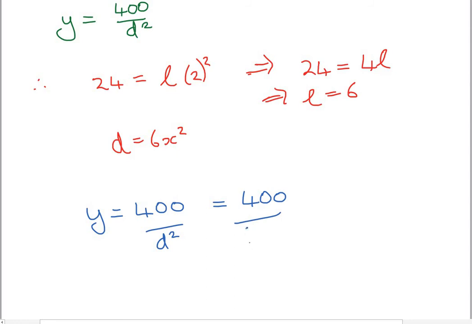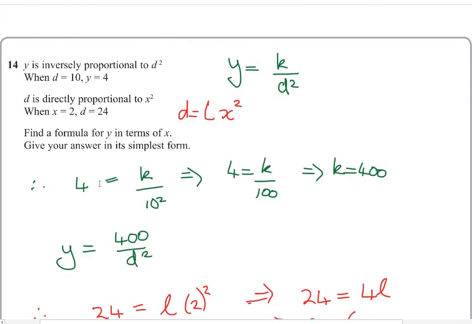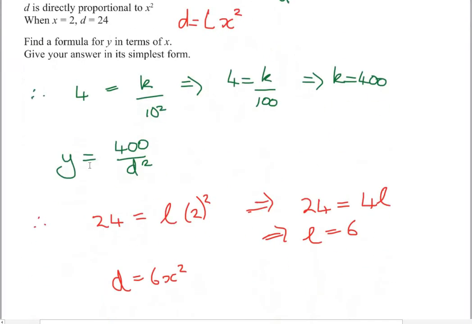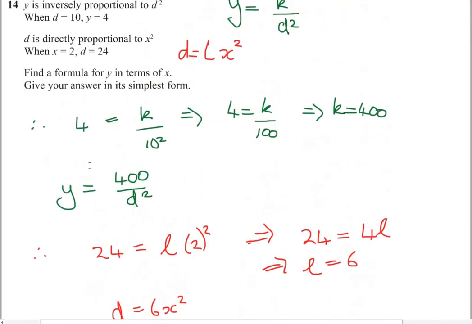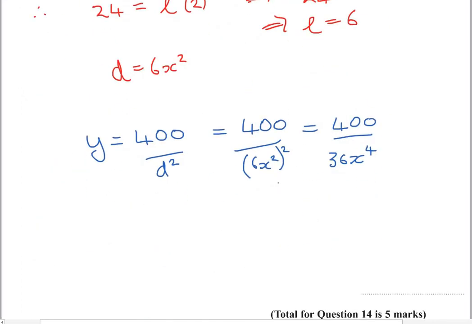So squaring that, 6x squared, gives us 400 divided by 36x to the 4. But in our question, it says give your answer in its simplest form, so we need to simplify this. We can divide both by 4 to give 100 over 9x to the 4. And that is our final answer. So y equals 100 over 9x to the 4.